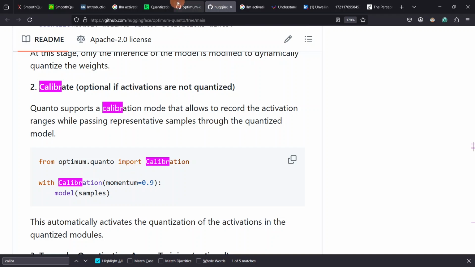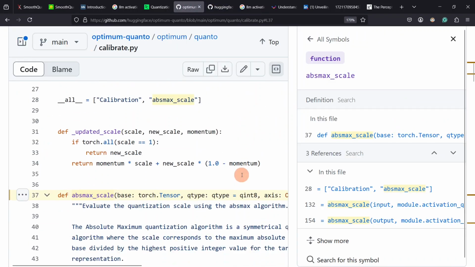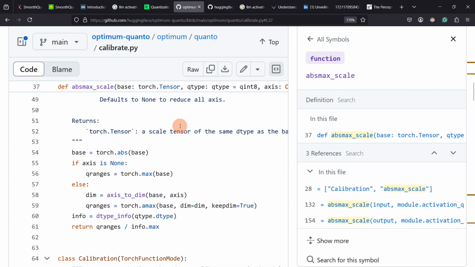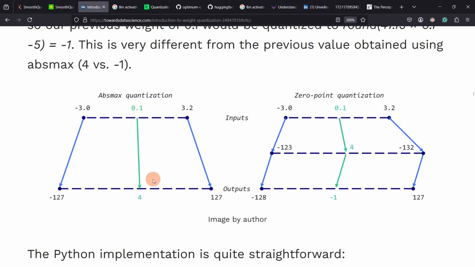But even if this code is not usable, if you see here, they are using activation quantization using the absolute maximum, or the absmax algorithm. So the code is quite easy to understand. The absmax algorithm will look something like this.